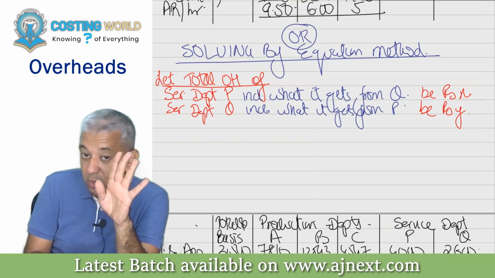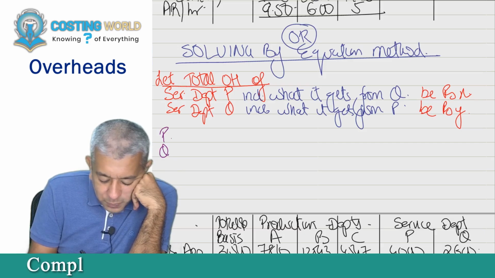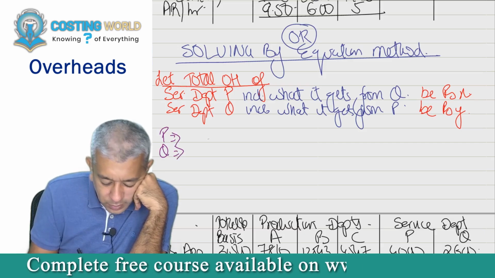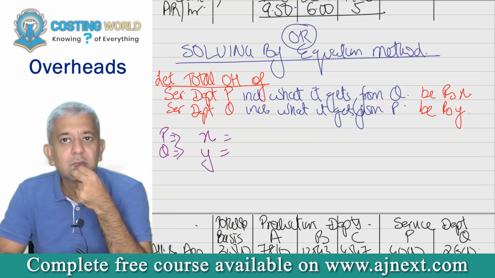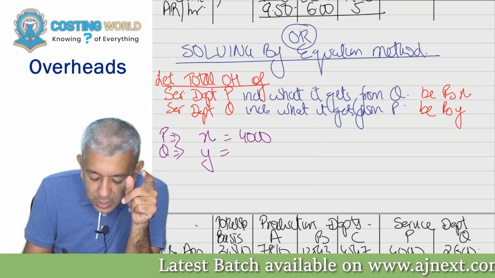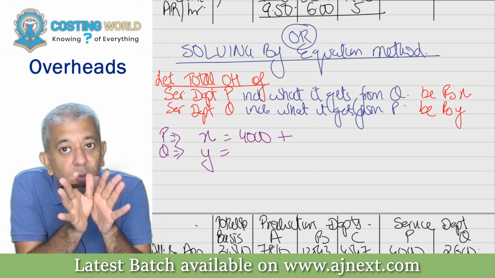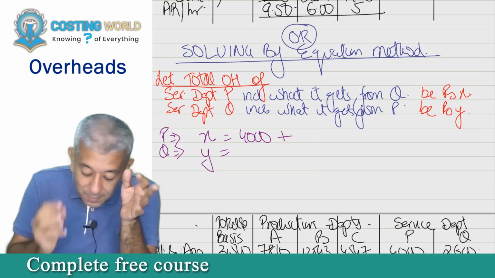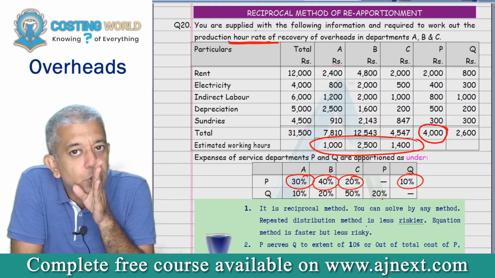Now, listen carefully, you all have not written till now. I am making two equations, one for P, one for Q. Total overheads of P is equal to X. Total overheads will be its own overheads of 4,000 plus whatever it is going to be getting from Q. Now, I am asking you, what is it going to be getting from Q?